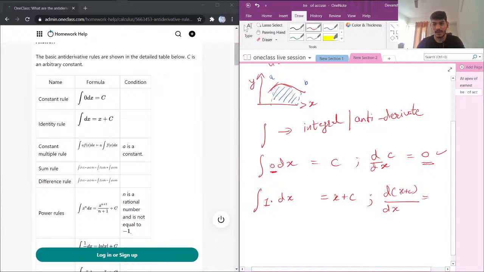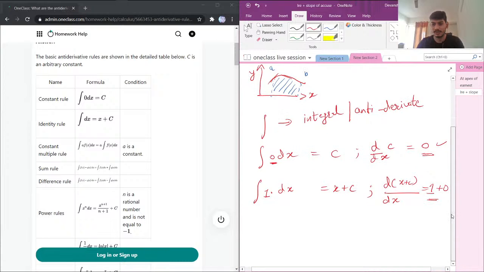The derivative of x is 1 and the derivative of c is 0. So again we get this term, and we will go for the next one, the constant multiple rule.